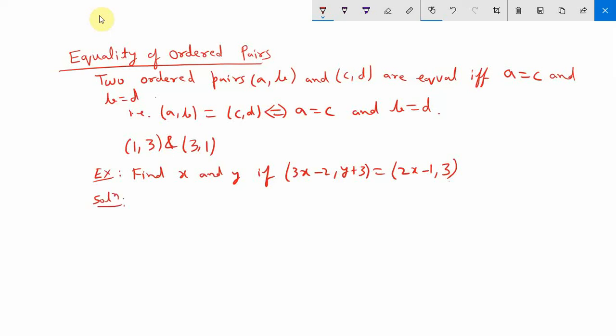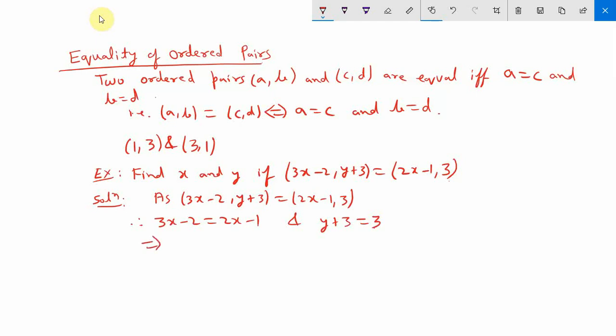See, as these two ordered pairs are equal, by the definition of equality of ordered pairs, we can write 3x - 2 equal to 2x - 1 and y + 3 equal to 3.